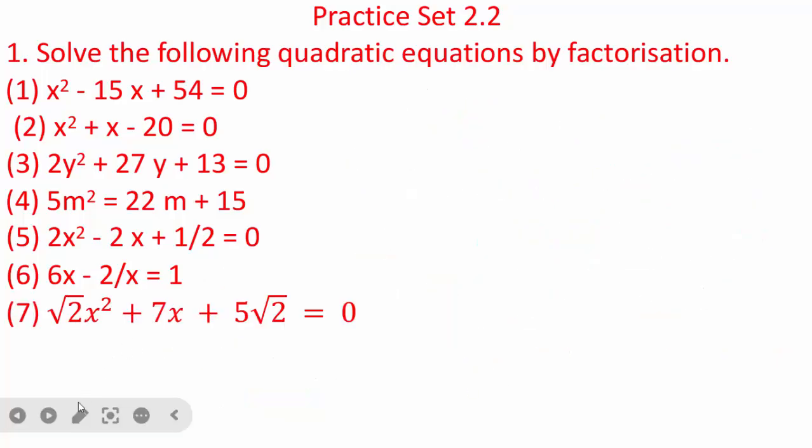Our seventh problem is, in this, root 2 and 5 root 2 becomes 10. And factors of 10 whose sum is 7 is 5 and 2. 5 into 2, 10. Therefore, this equation 7x can be written as 5x plus 2x.